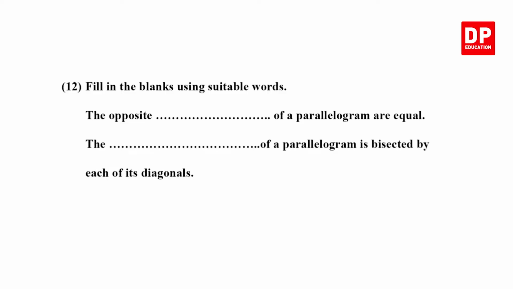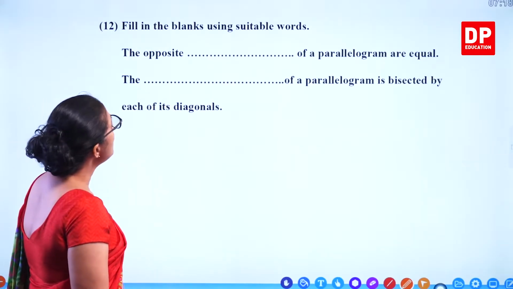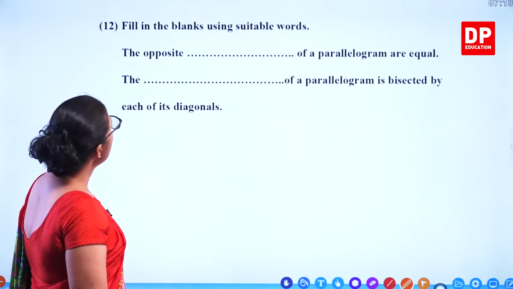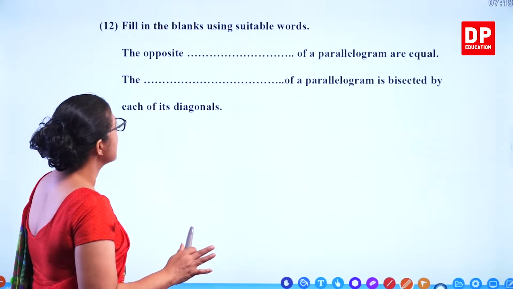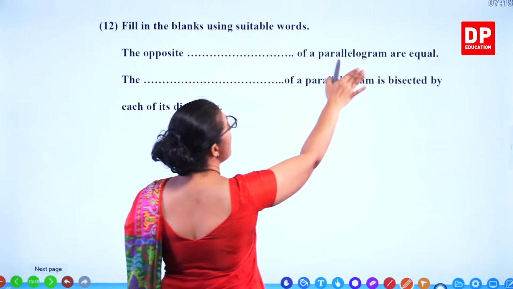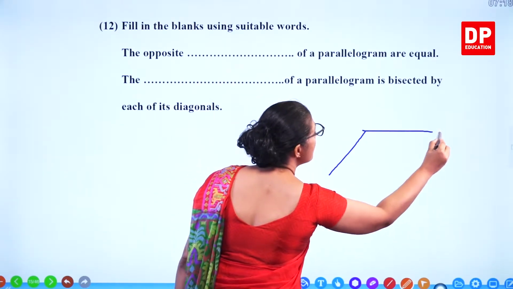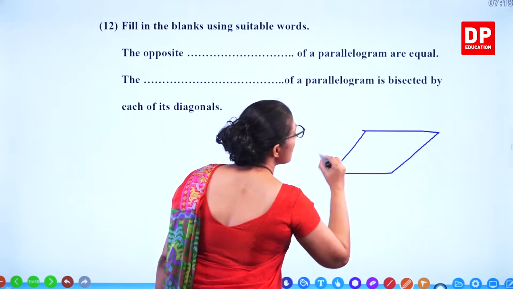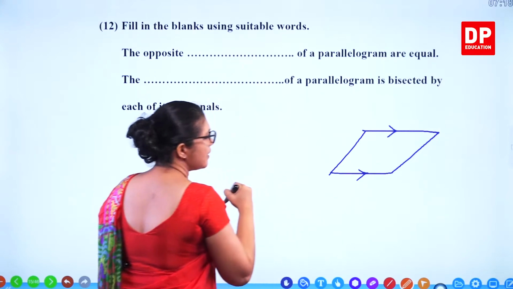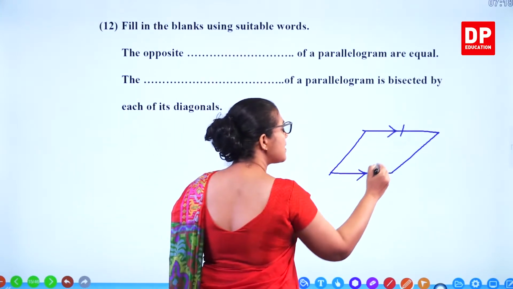Question number 12. Fill in the blanks using suitable words. This is about a parallelogram, the opposite something of a parallelogram are equal. So what are the properties of a parallelogram? Opposite sides are parallel and opposite sides are equal.